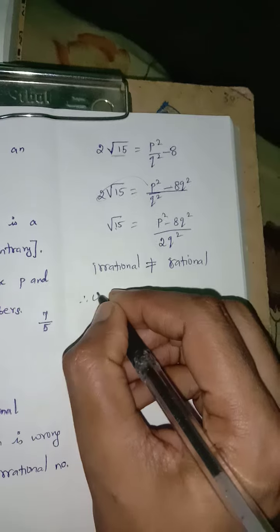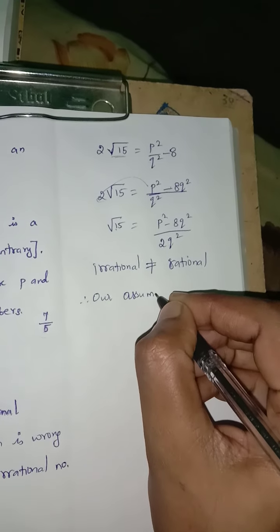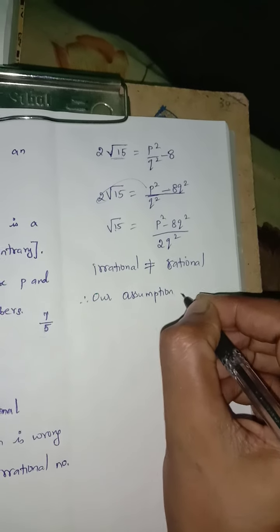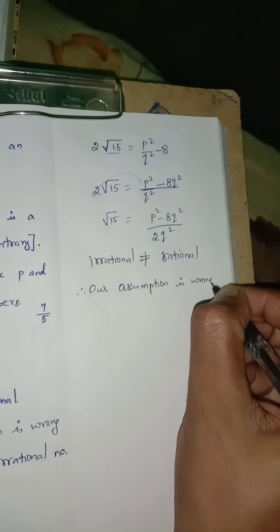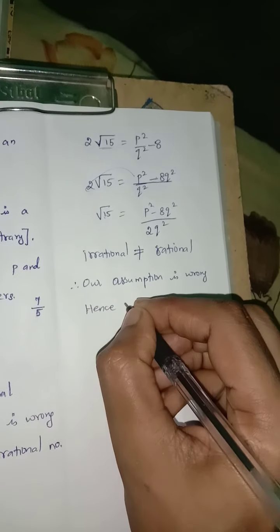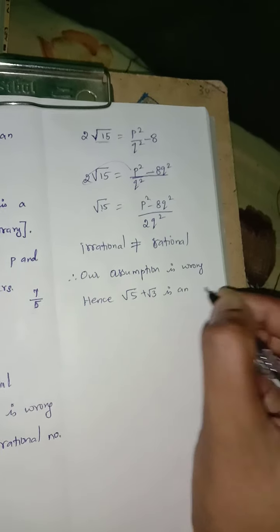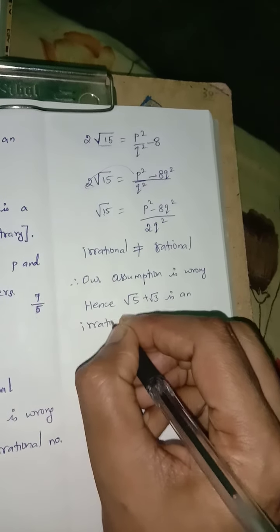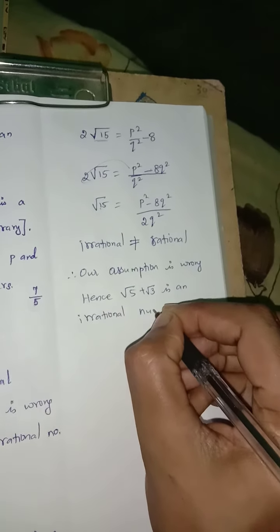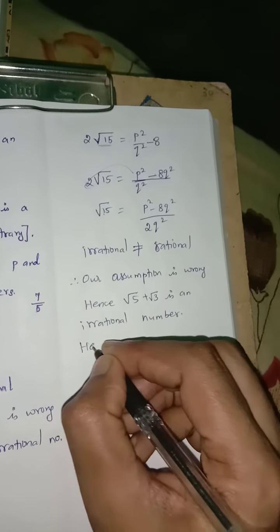Hence our assumption is wrong. Hence square root 5 plus square root 3 is an irrational number. Hence proved.